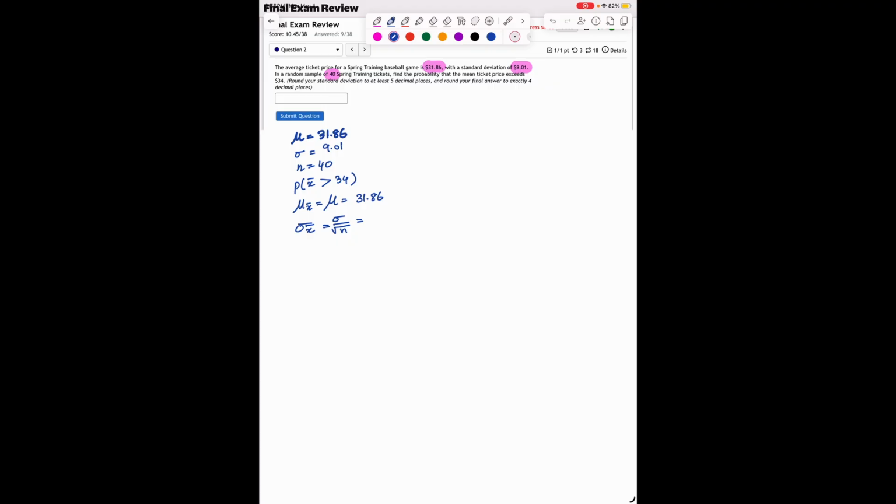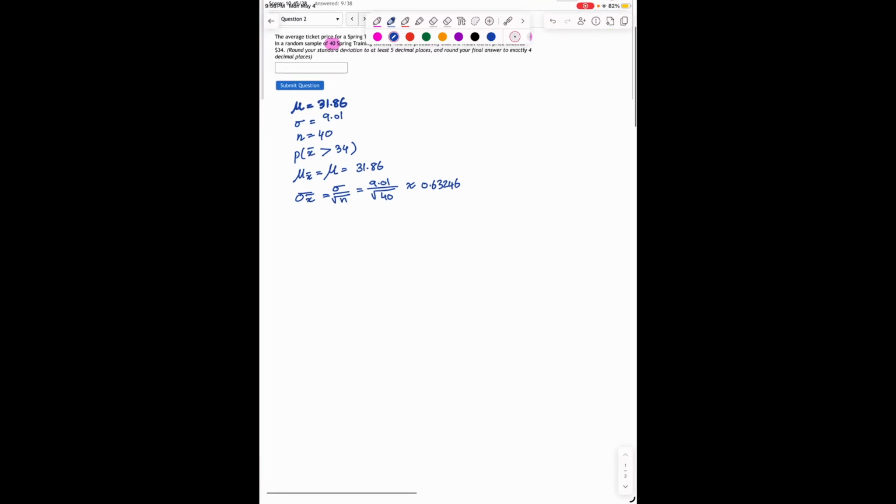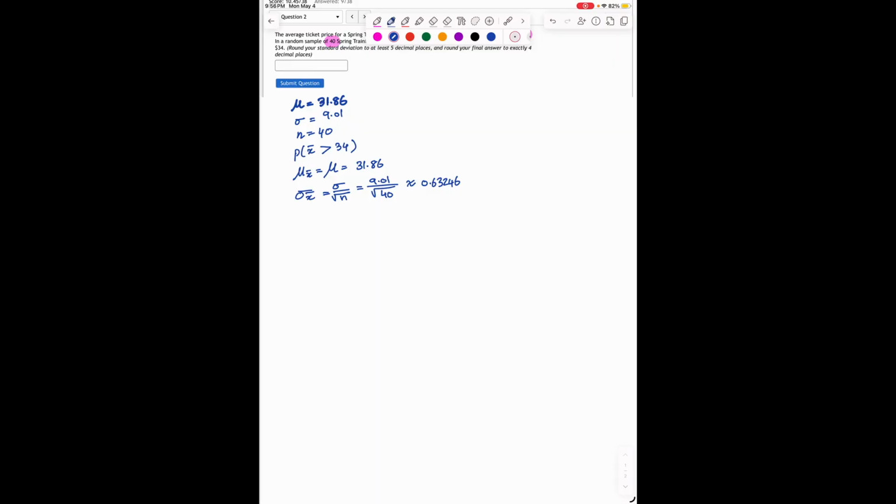In our case, the standard deviation is 9.01 divided by the square root of 40. If we compute that, we're going to get approximately 0.63246. As suggested in the question, we're going to leave it at least 5 decimal places, and then we will continue with the rest of the problem.